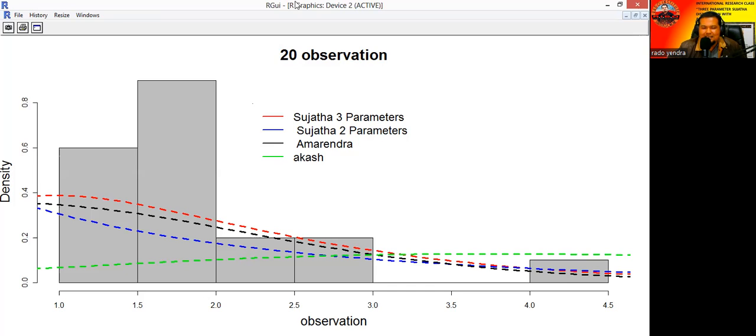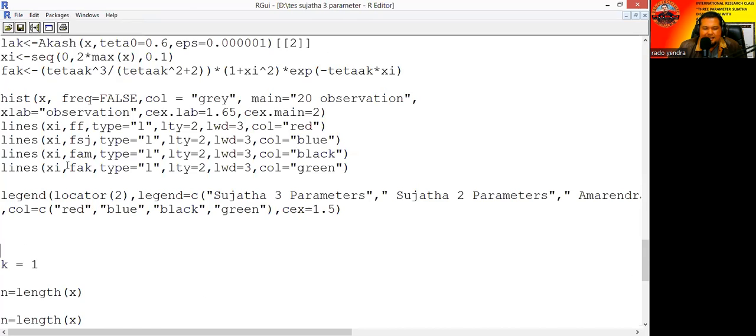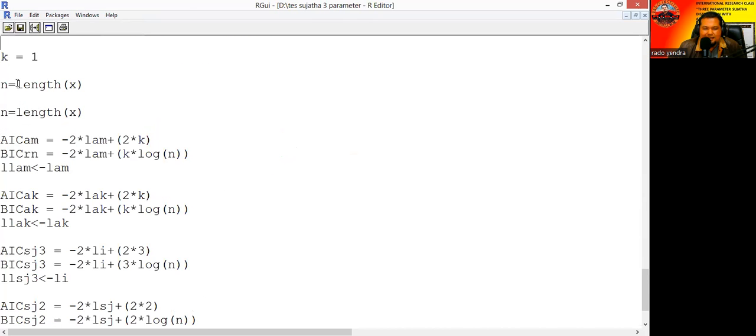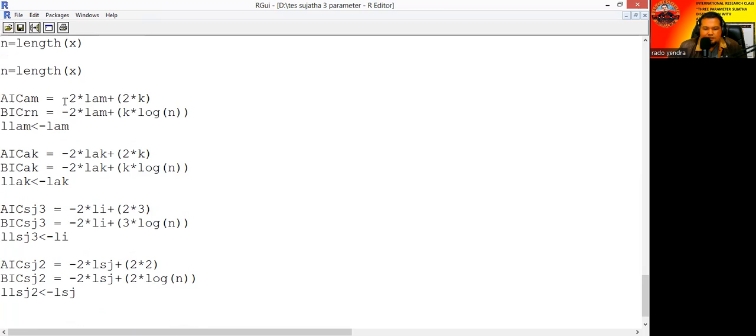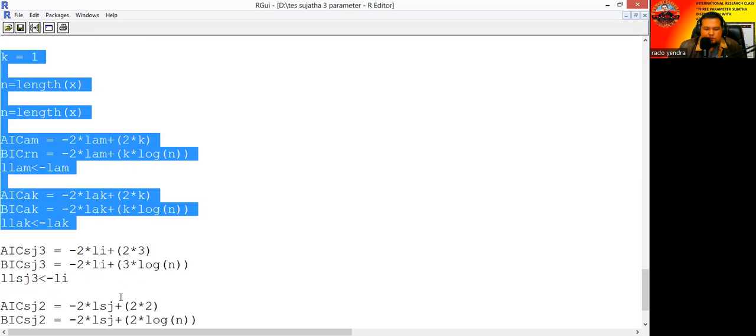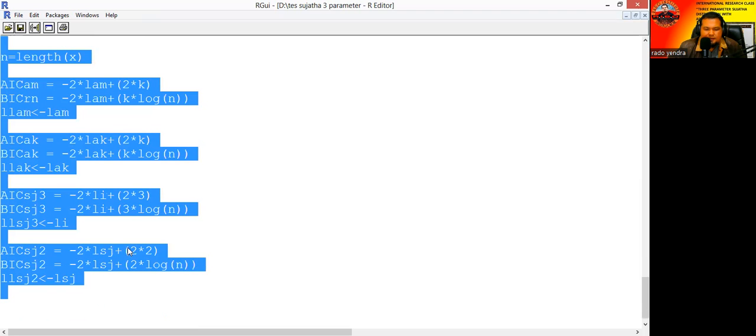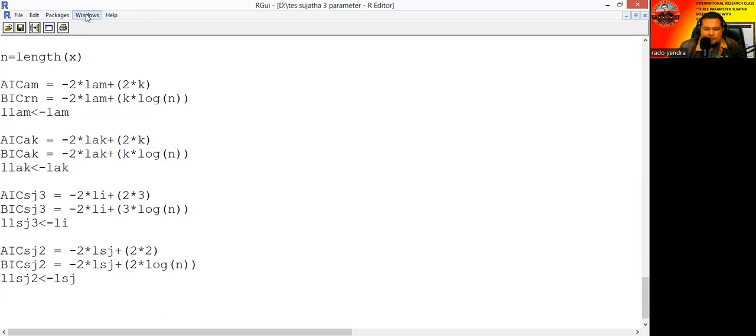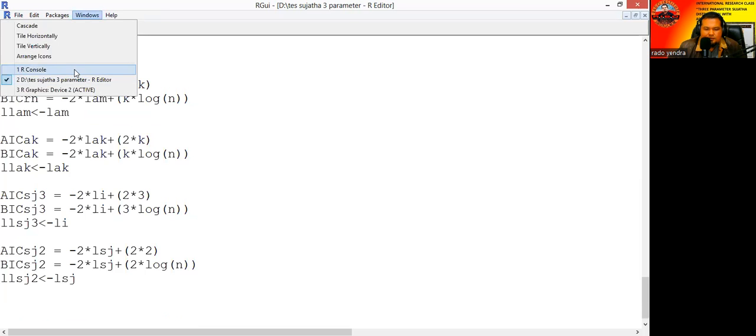Okay. After that, we can check the IC value for all the models that we use here. Okay, we take the IC, we run here, and we come to the console.